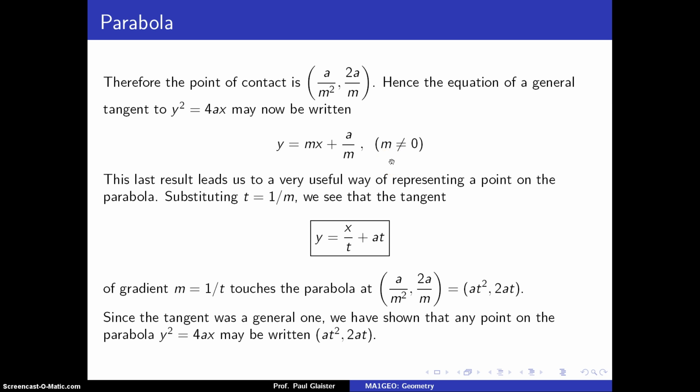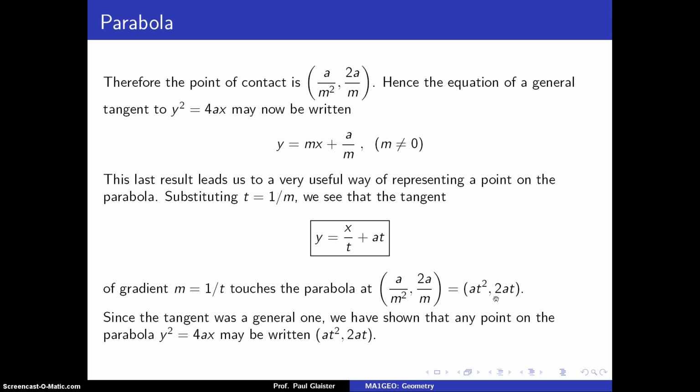If we, rather than using m, use 1 over m and call it t, then the gradient becomes 1 over t for the tangent. The equation of that tangent is this. But more importantly, because we're setting t to be 1 over m, the parametric form here becomes at squared, 2at.